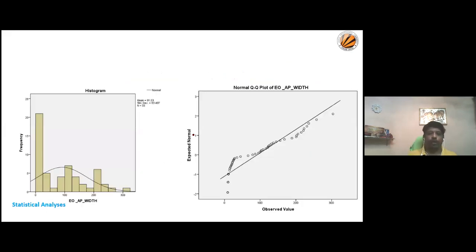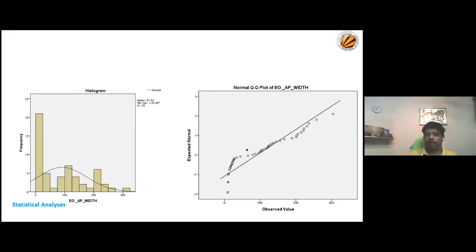Another way of doing it is the histogram, a visual method. This line indicates that it's somewhat skewed towards the left side. It means visually it's not normally distributed. Again, this QQ plot also is not on a straight line.